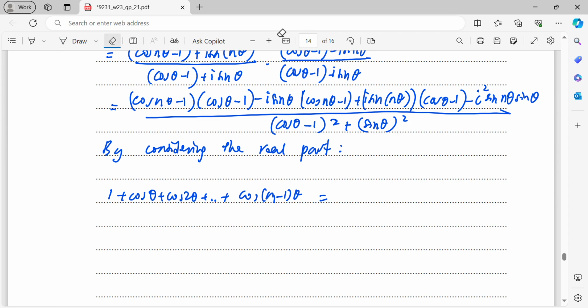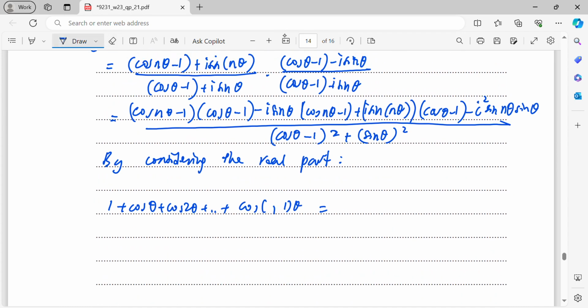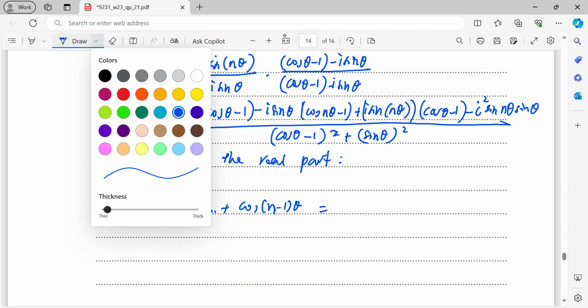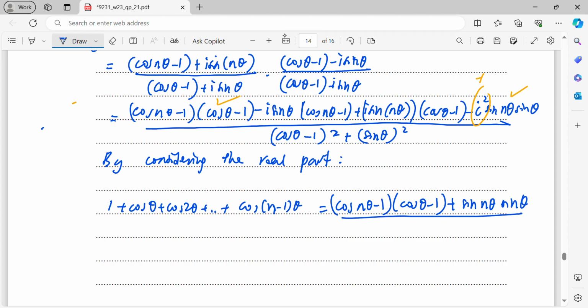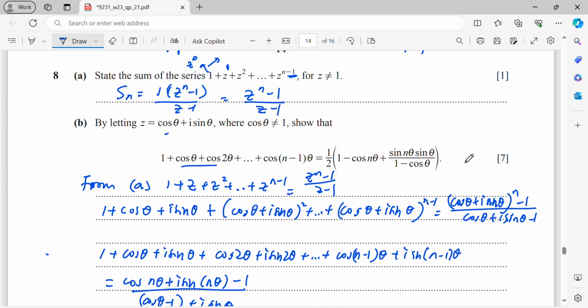That is my real part, and on the right hand side, just write down those without the I. So this I squared is basically minus 1. So minus minus is a plus. So copy the first and last term. So I will get cos n theta minus 1, then cos theta minus 1, plus sin n theta sin theta, over the denominator. When you do expansion, cos squared theta minus 2 cos theta plus 1, then plus sin squared theta. And now we need to prove this form.